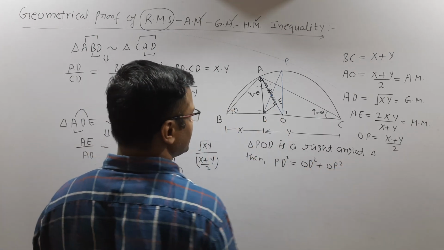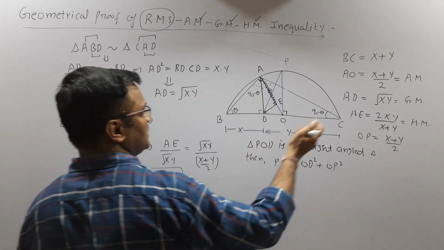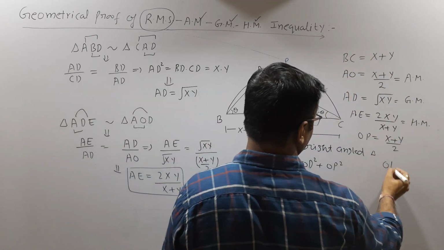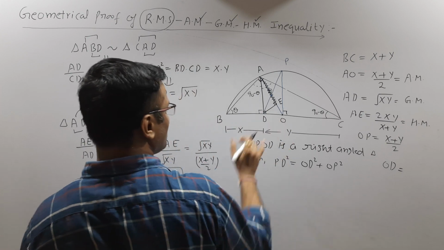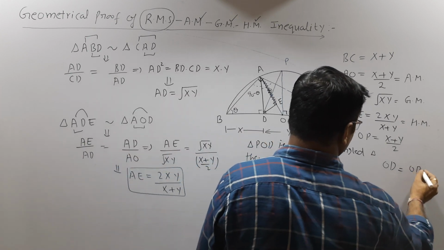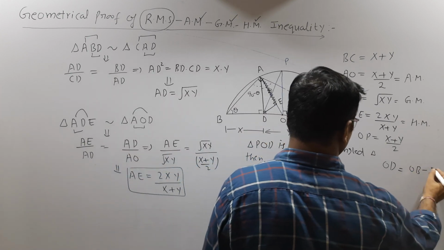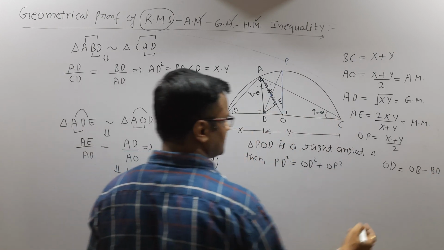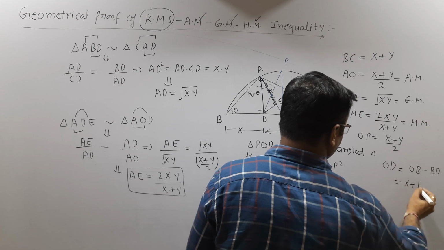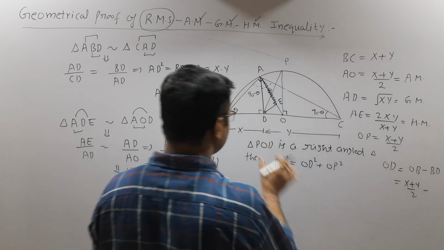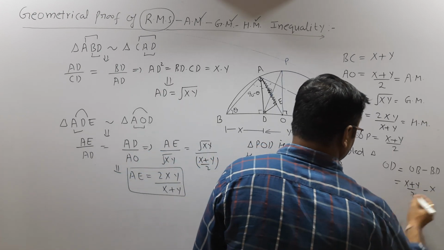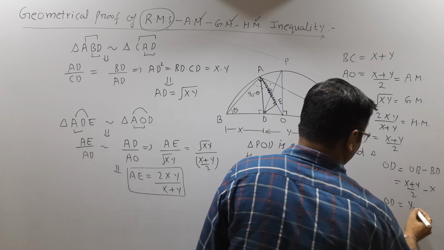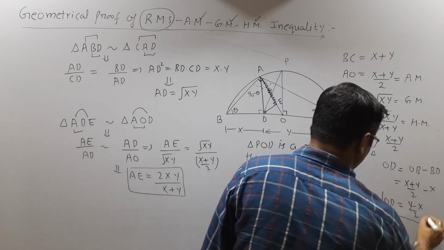But what is the length of OD? OD equals OB minus BD. Is that okay? OB is actually the radius of the circle, that is (x plus y) upon 2, minus BD, which is x. That comes out to be (y minus x) by 2.